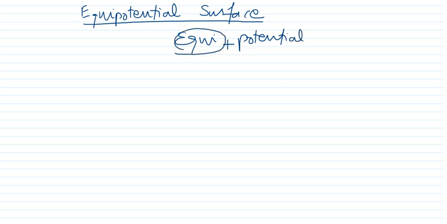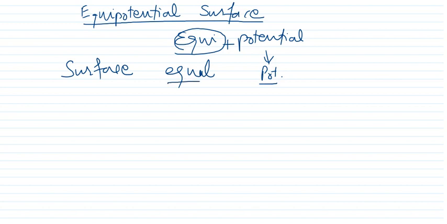Equi means equal, and potential, as it is clear, it is potential. So therefore, the surface which has equal potential everywhere is called equipotential surface. So the definition is like this one.